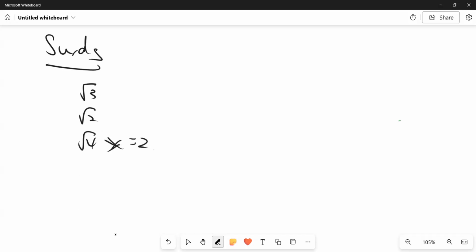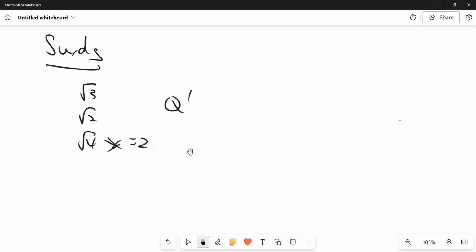But a surd basically falls into the category of irrational numbers, because they can't be written as an exact fraction where the numerator and denominator are integers. Root 3, you just can't write it as a fraction with the numerator and denominator being integers.